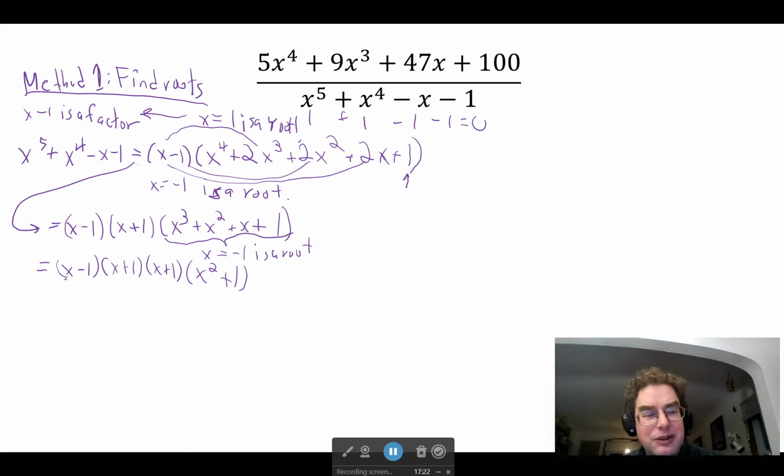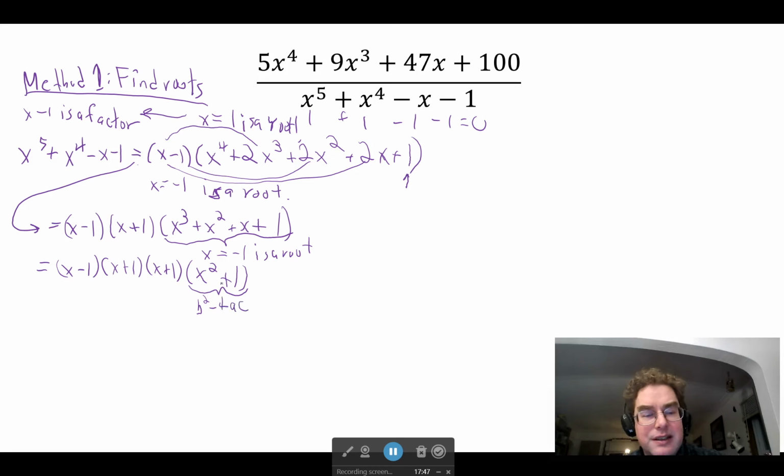And now we're down to, we got 3 linear factors. We got a quadratic factor. Can we factor that quadratic further? Well, you may try it, and you may not be getting it to work out. And of course, that could be because you're just not finding the factors yet, or it could be because it cannot be factored. And the thing to look at here would be b squared minus 4ac.